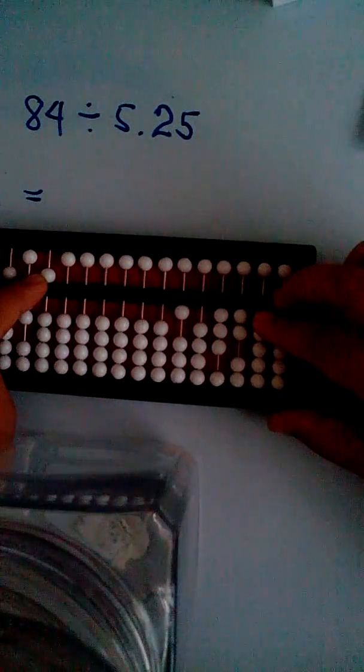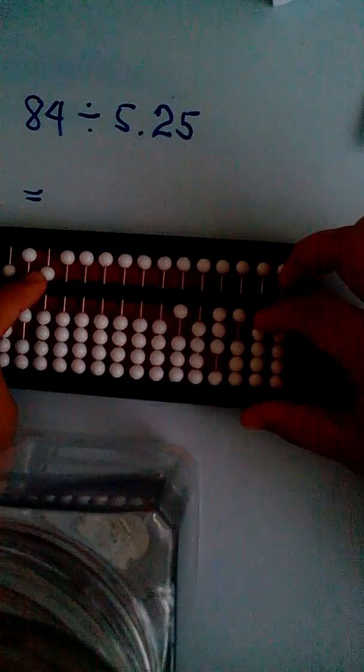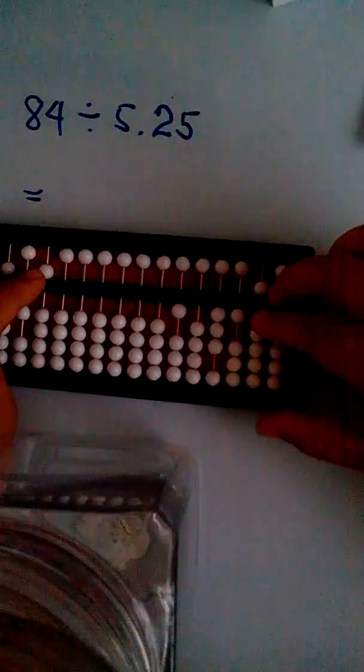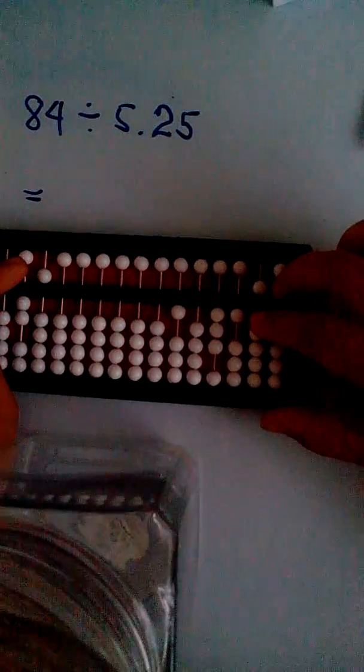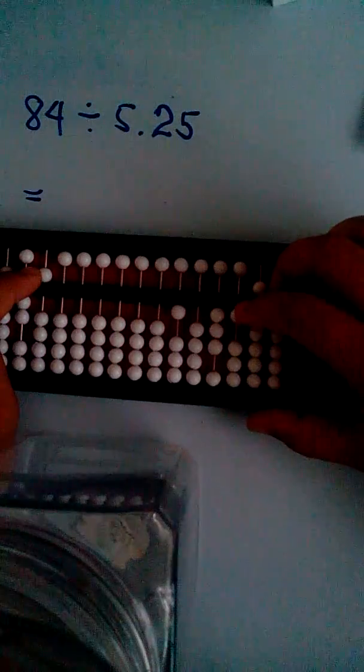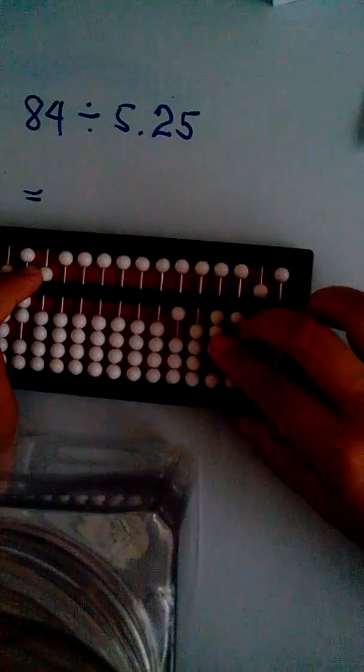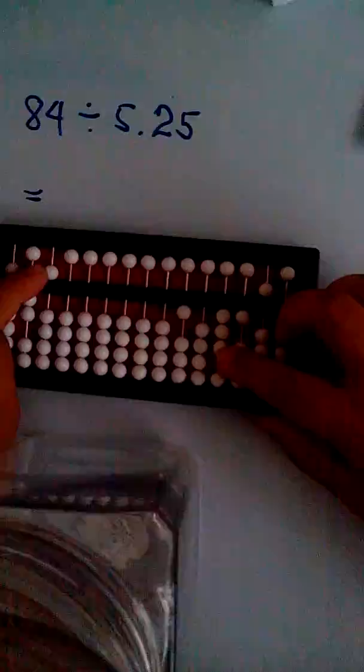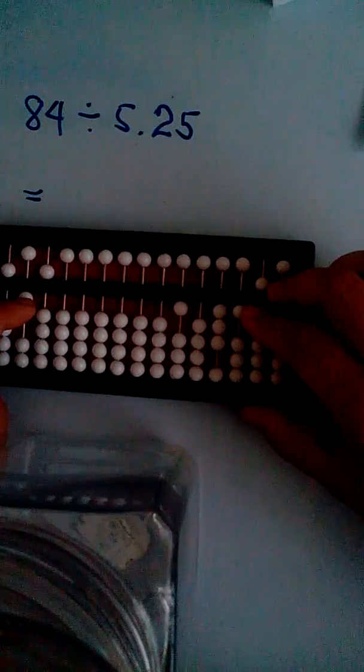No 5 on the second rod. Clear 10. Partner of 5 in 10 is 5. Set 5. And this is now our next number to be divided. So from quotient 1, our new dividend is 315.